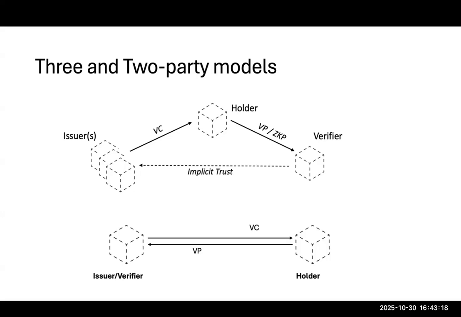Another option is the two-party model. In this case, issuer and verifier are the same entity, and so you receive a verifiable credential from an issuer that is also a verifier when I present the verifiable presentation back. I haven't seen many real implementations of this model.